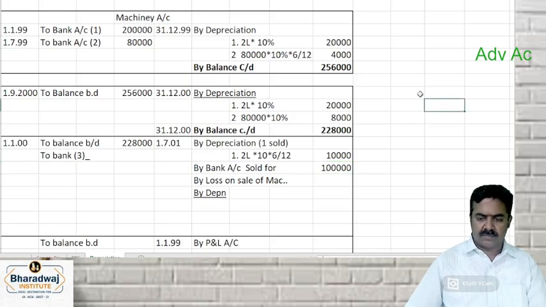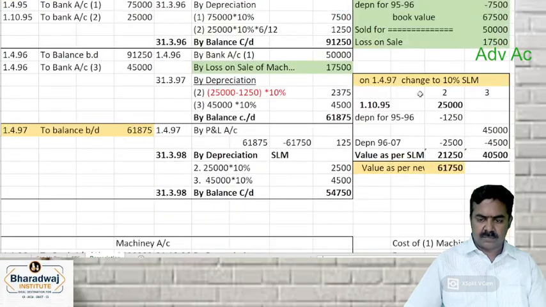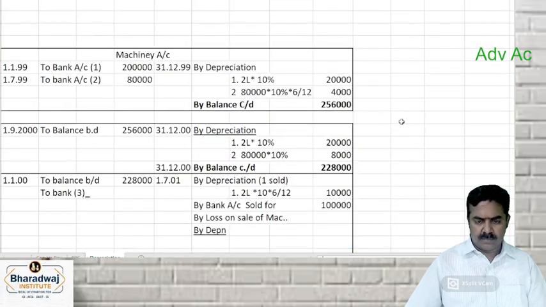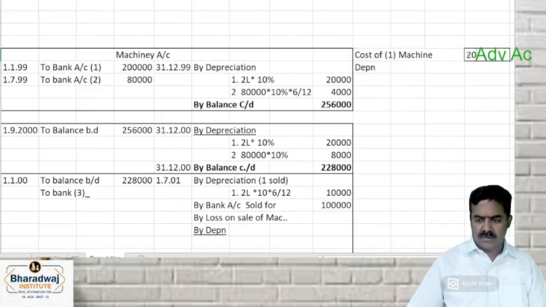1 lakh. What is the cost of the first machine? 2 lakhs. Depreciation, if you see, here 20 plus 20 plus 8,000.